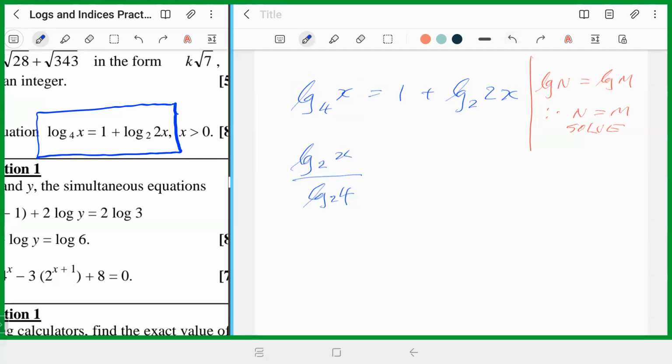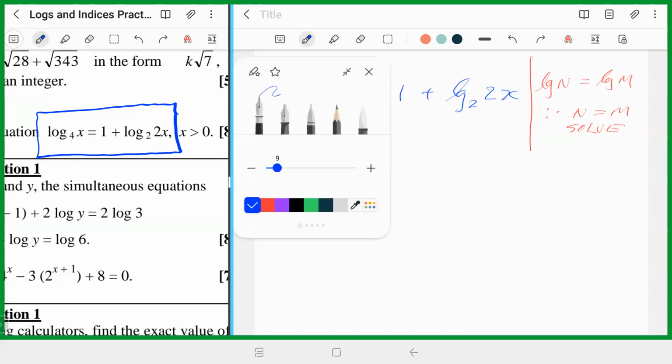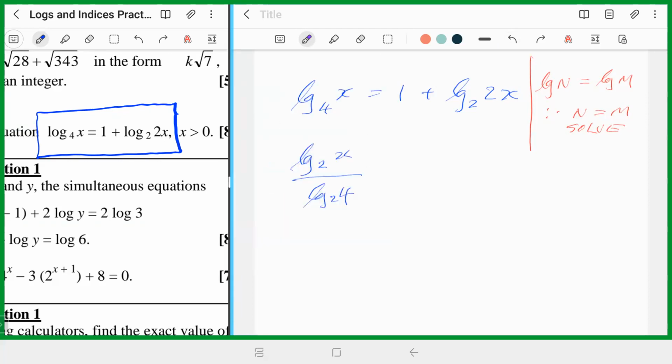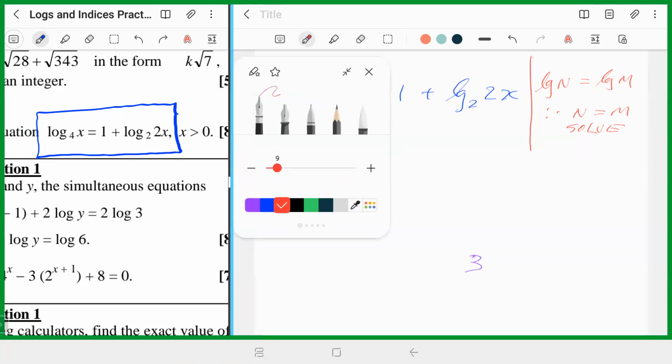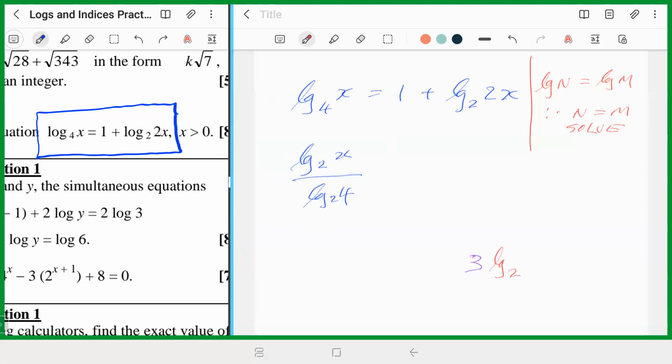All right. 1 can also be written as log to base 2. So let me show you one thing now. If you have a number you want to convert into log, let's say I have the number 3, and I want to convert it into log to base 2. All I need to do with the 3 in order to convert it into log to base 2 is multiply it by log to base 2 of 2, because remember, I'm multiplying it by 1.